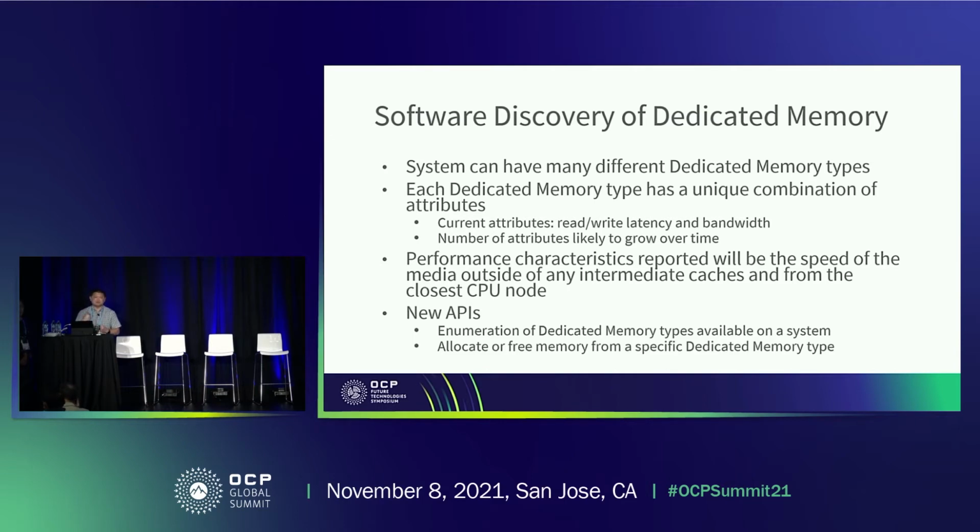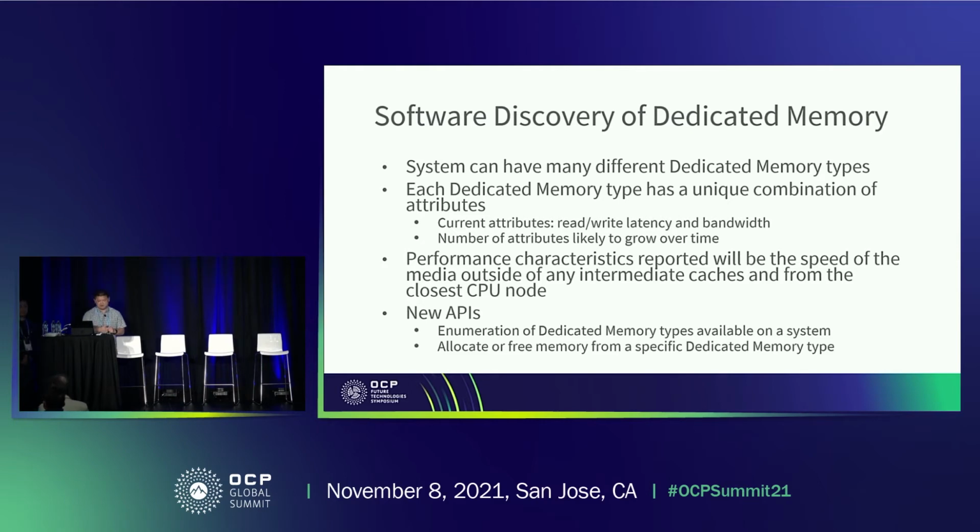In our view, each dedicated memory type will have a unique combination of attributes. In our initial implementation, we are planning to expose 4 attributes: read latency and bandwidth, and write latency and bandwidth. As we look into the future, we definitely expect the number of attributes to grow. So we will create APIs with the flexibility to support additional attributes as we discover the need for them.